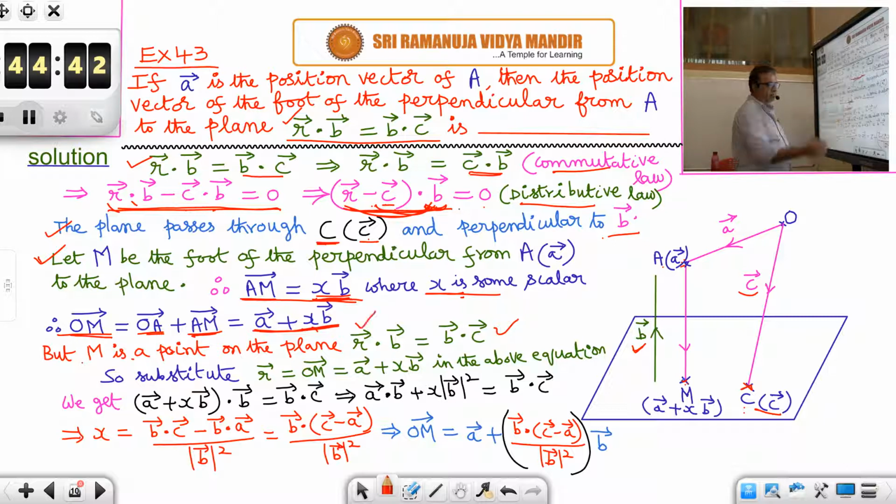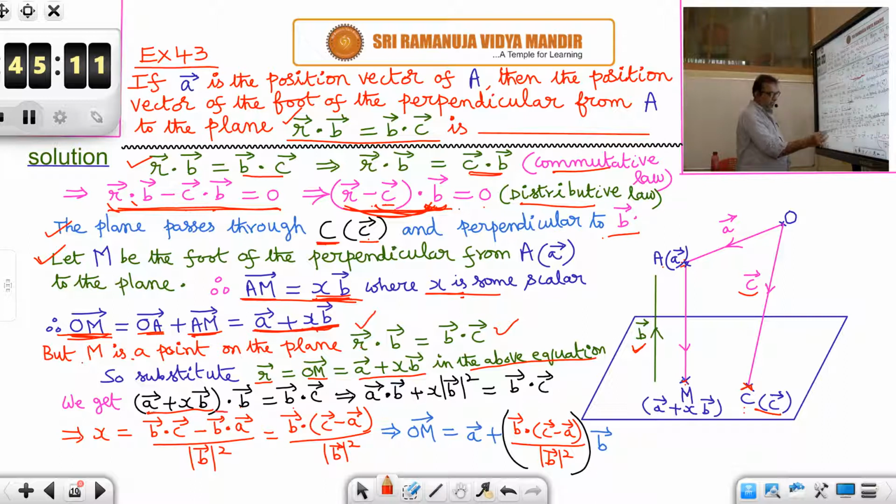The position vector of any point in the plane. And M is a particular point in the plane, so in place of R bar, if you put its position vector, then it should satisfy the equation. So R bar is equal to OM bar is equal to A bar plus x B bar. Substitute it in the above equation. So in place of R bar I am putting A bar plus x B bar dot B bar on the left hand side, and on the right hand side B bar dot C bar.